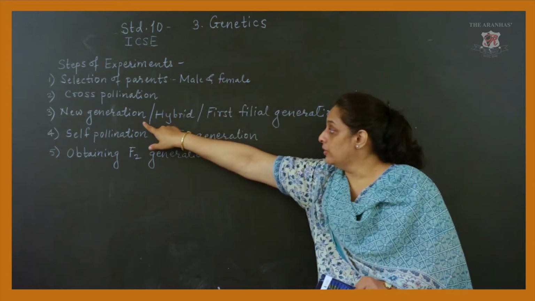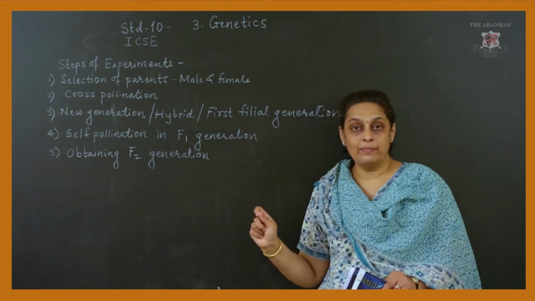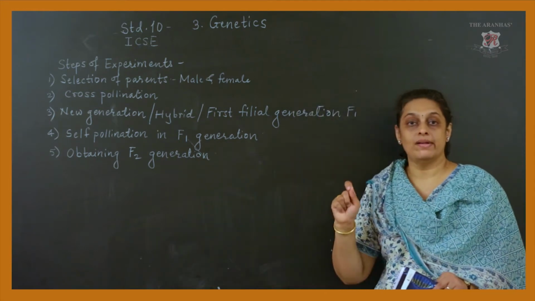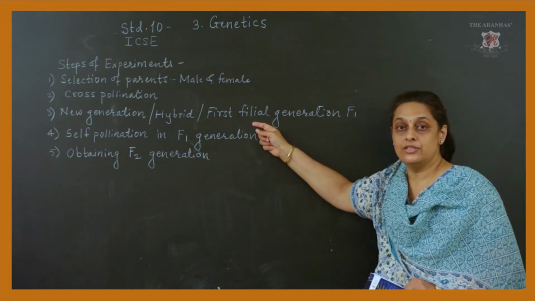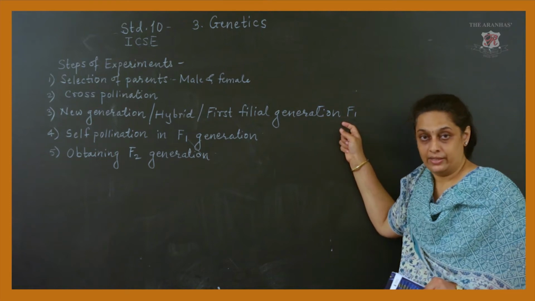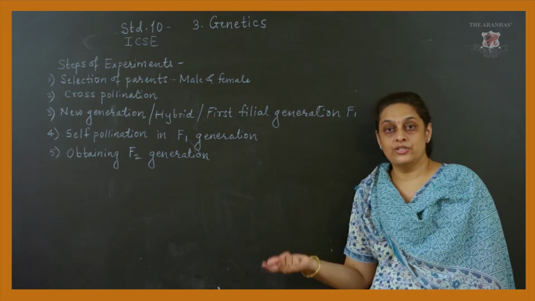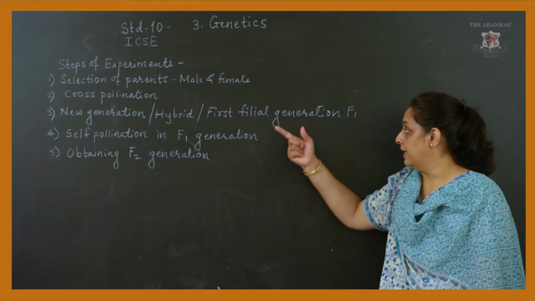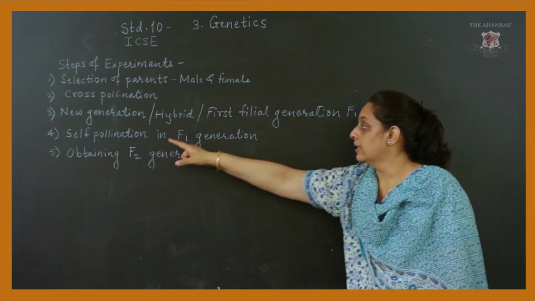So the new generation, or they are called hybrid plants, Mendel referred to as first filial generation or F1 generation. So after crossing two parents, the next generation which is obtained is a hybrid one, and it is F1 generation.